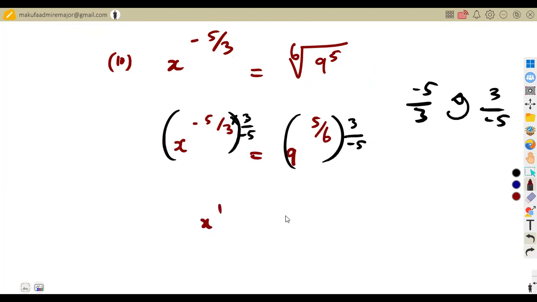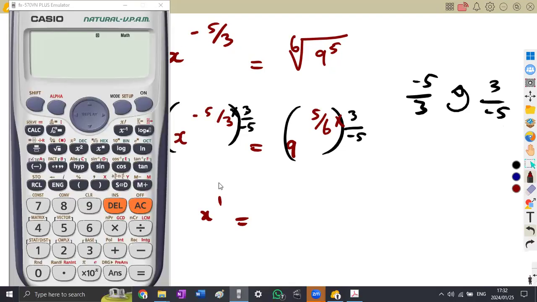X to the exponent of 1 is equal to, we simplify. Remember, exponents multiply. On the left hand side, the original exponent and this one give you a 1, but on the other side we can multiply. So let's do this one. 5/6 times 3/-5.